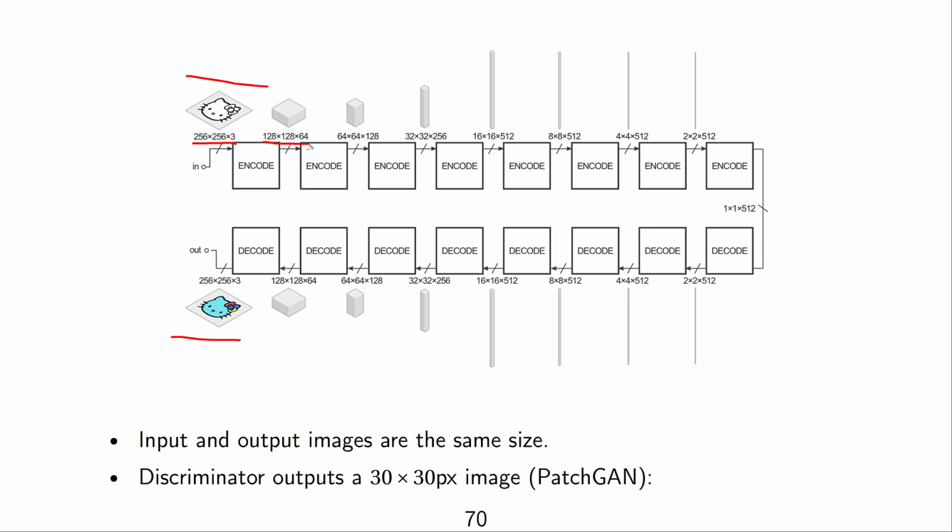We see then 128 times 128 times 64. All right, so I'm not going to look at all that. Just as usual, a decoder, an encoder, and we can notice this particular encoder has a pretty small bottleneck. Actually, it goes down all the way to 1 times 1 times 512.